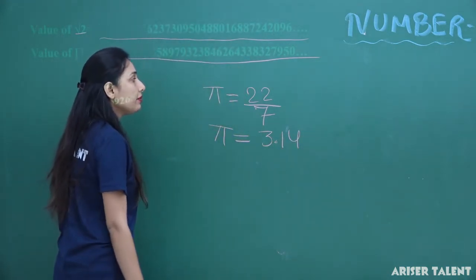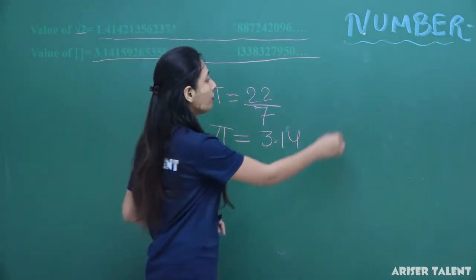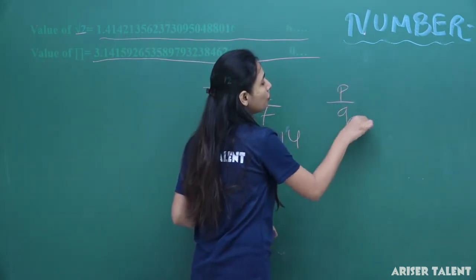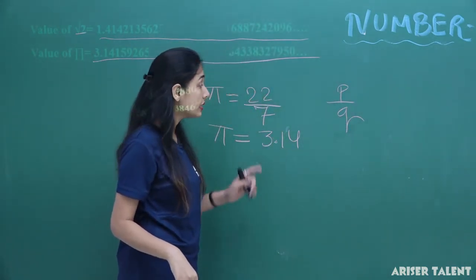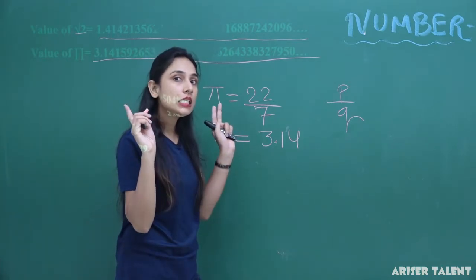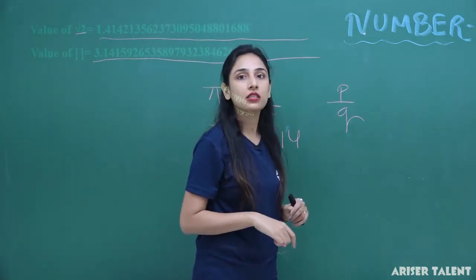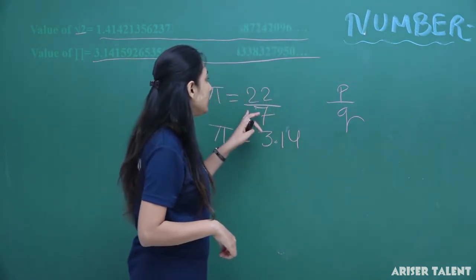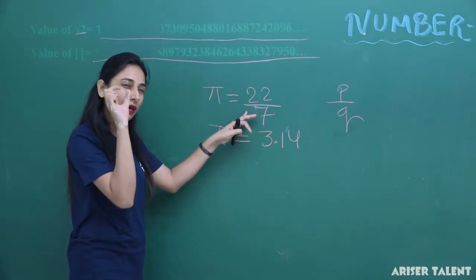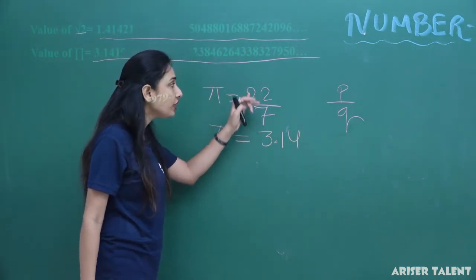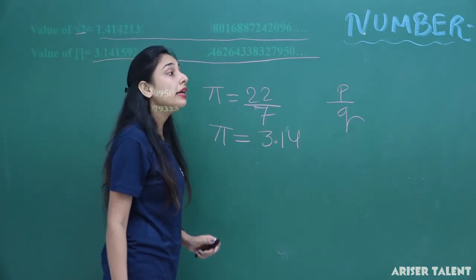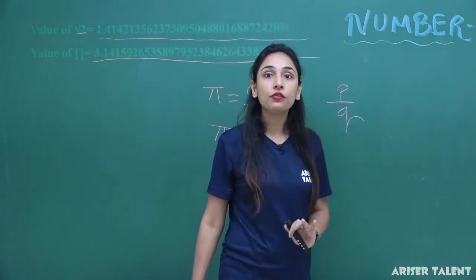So, you will say that ma'am, this is the format of P by Q. So, what we will mention is that this particular thing is a rational number. No, it is not, because this is not the exact value, but the approximate value of pi. So, we took pi as 22/7 or 3.14.